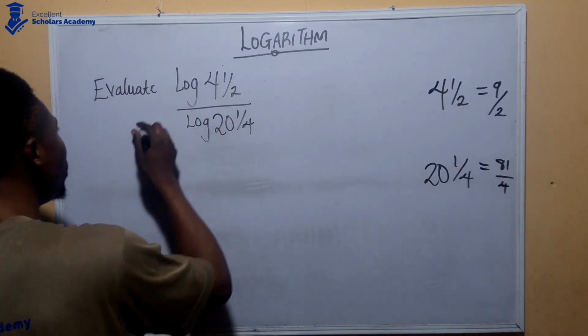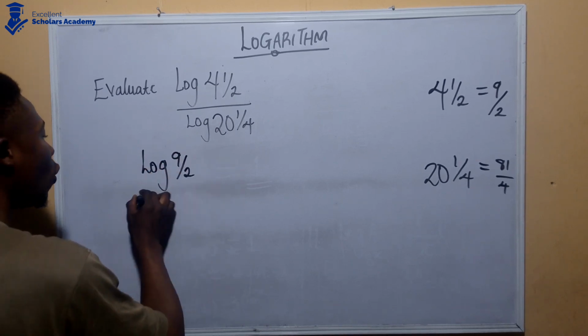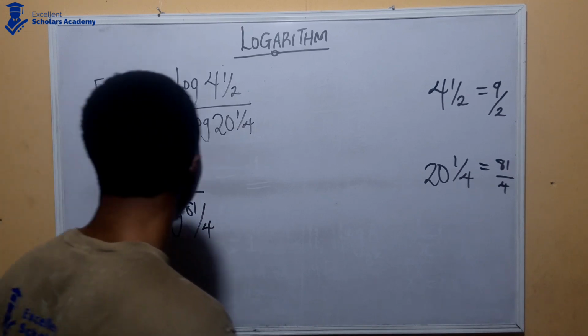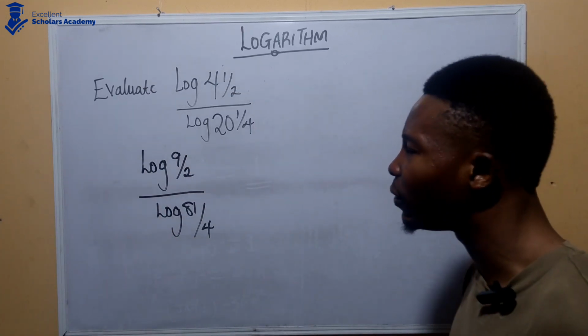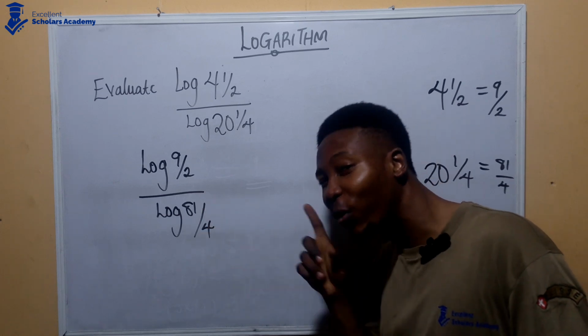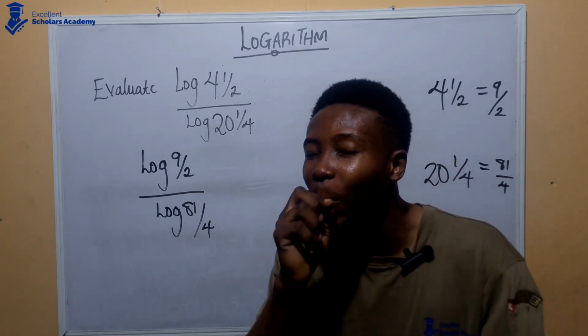So this becomes log 9 over 2 over log 81 over 4. Now if you watch closely, this is already 9 over 2, and 81 can be expressed as 9 to the power of 2.